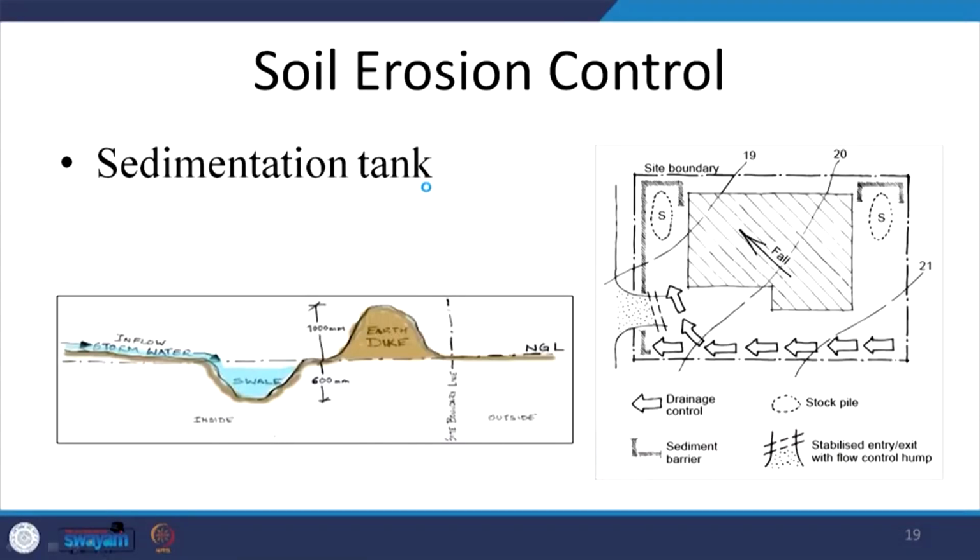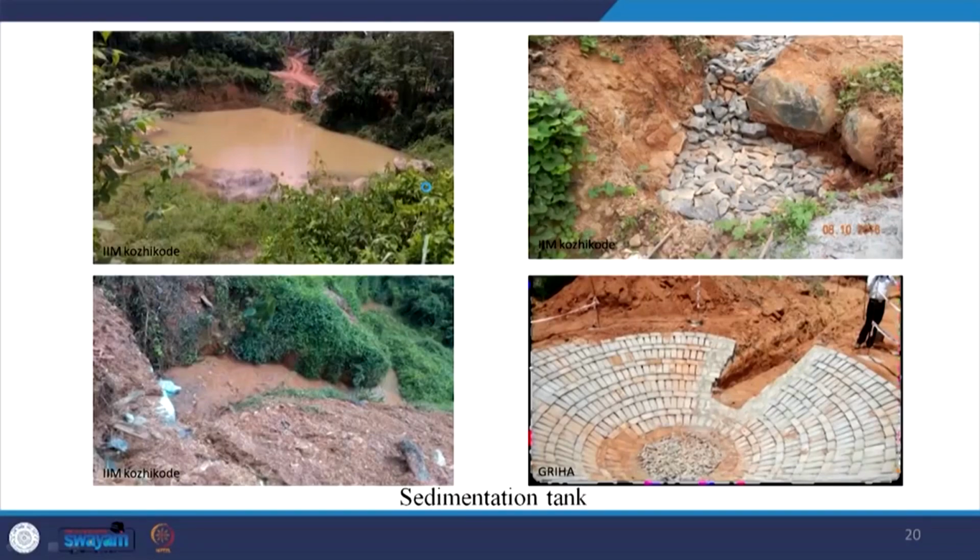We need huge areas where the entire water from the site during a storm can be brought. It will be allowed to stay there, retain. It helps in recharging the groundwater, because the water will percolate down and it will control the soil erosion.